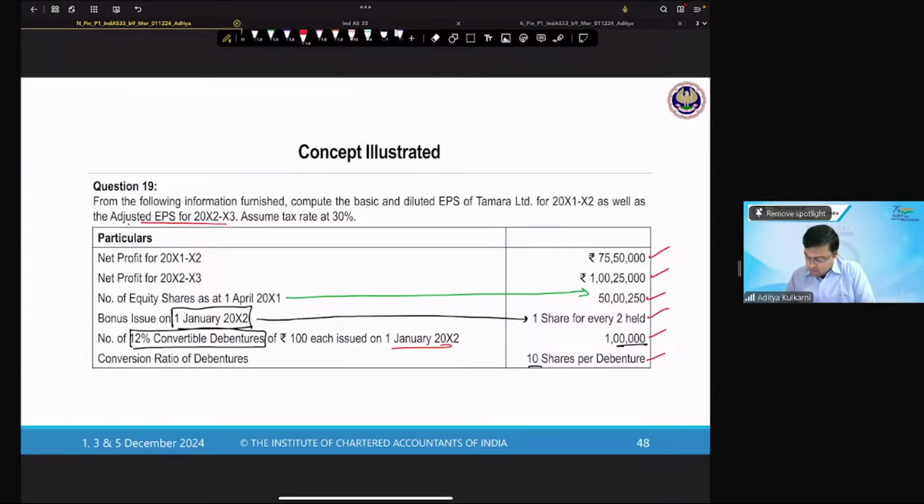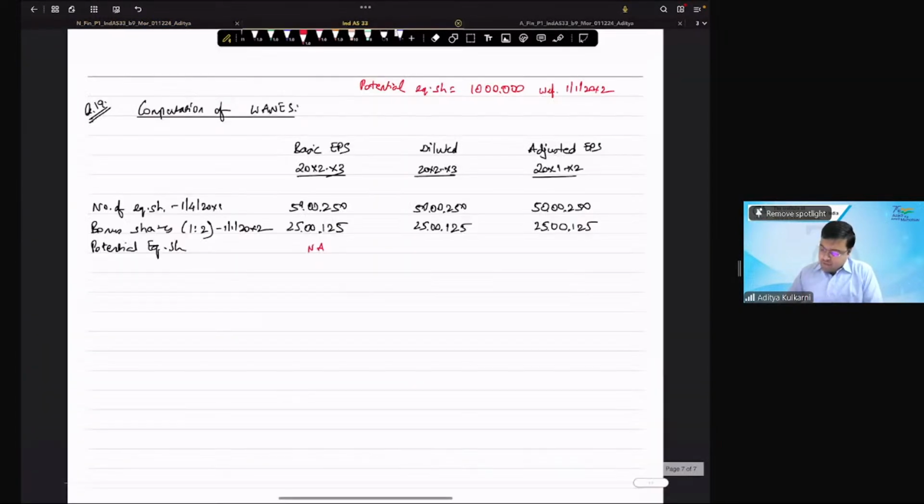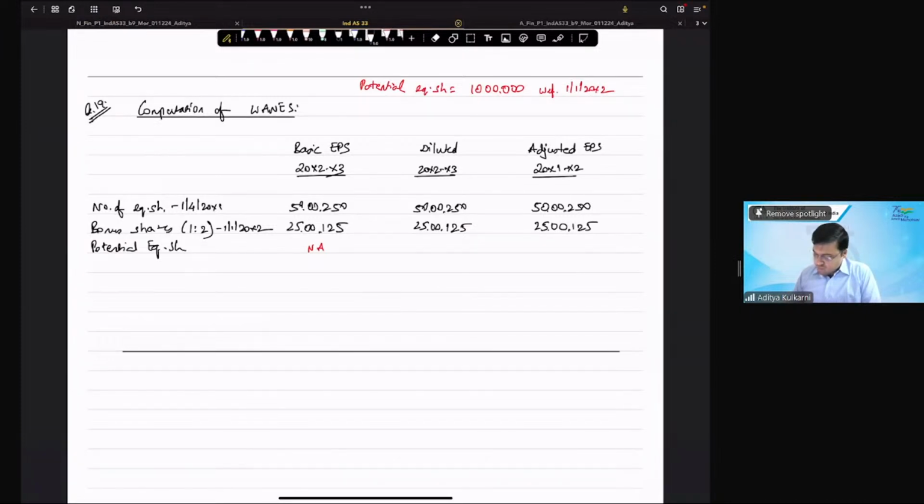Any 1 second. First April 20x1 to 31st March 20x2, 1st April 20x2 to 31st March 20x3.